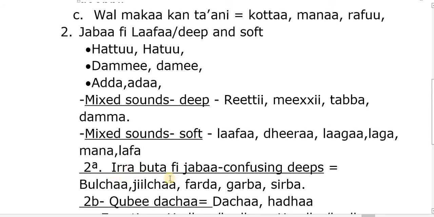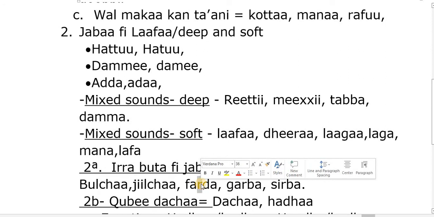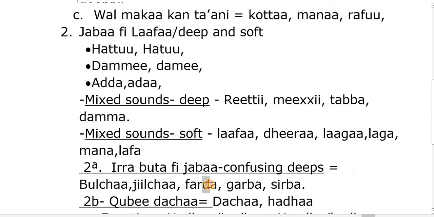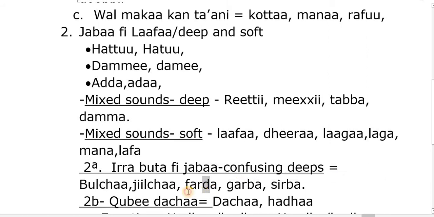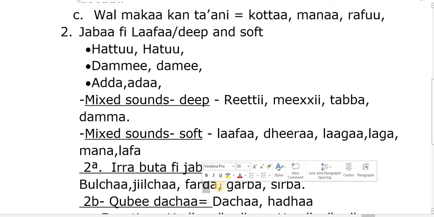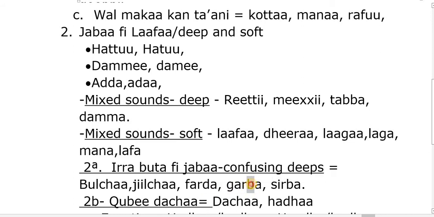But when we have rabuta, the next sound is confusingly deep or strong, like farda, that is strong, garba, that is strong, sirba, that is strong.